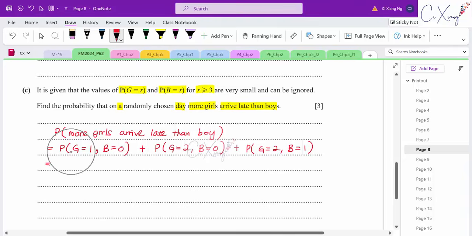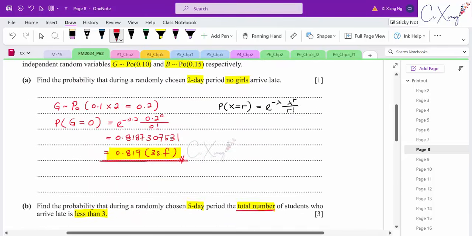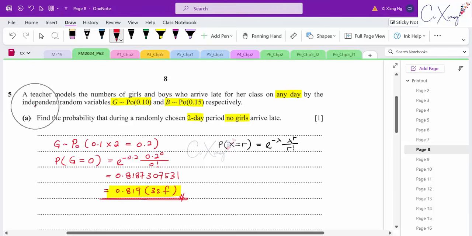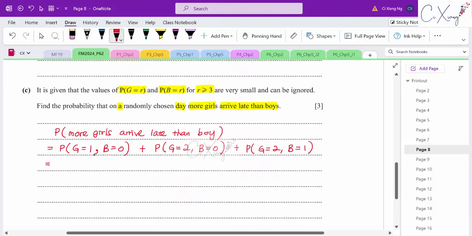So we are having G equals to 1 and also B equals to 0. These two are Poisson distributed and they are independent variables. If I'm not mistaken, they actually did mention independent random variables. So to calculate this probability, you can multiply the probabilities together. For G equals to 1, it is e negative lambda, lambda power 1 divided by 1 factorial.